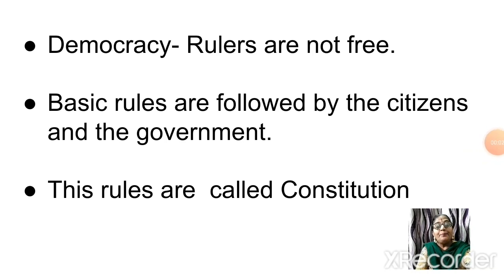Okay, in the previous chapter, we studied about democracy, right? We studied that in a democracy, the rulers are not free to do what they like, or you can say they do not enjoy unlimited power. In a democracy, there are certain basic rules.